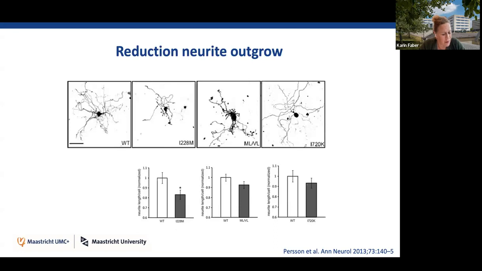There was a reduced neurite length of the I228M transfected neuron compared to wild type. The other two mutations show a trend towards reduced neurite length.